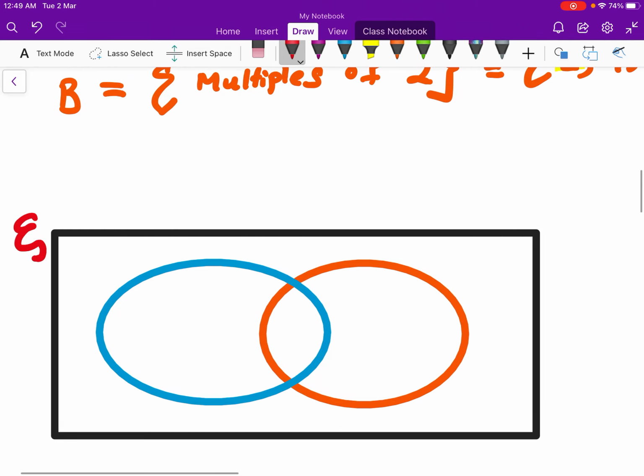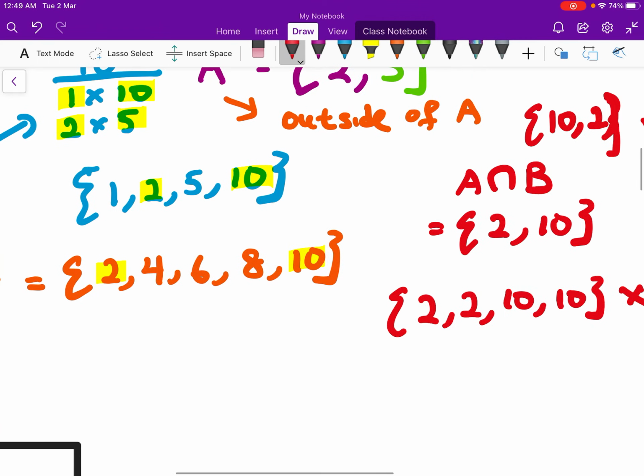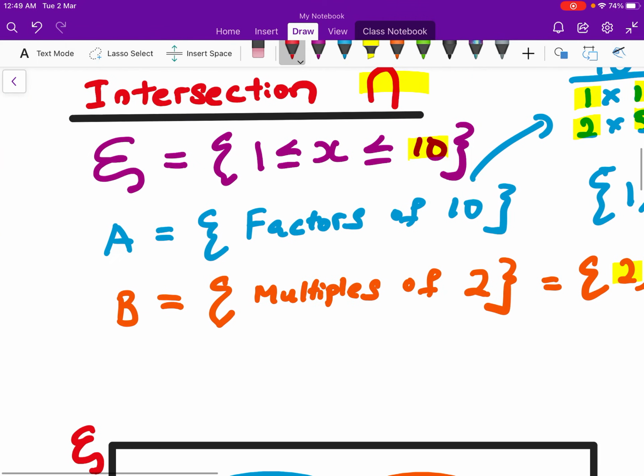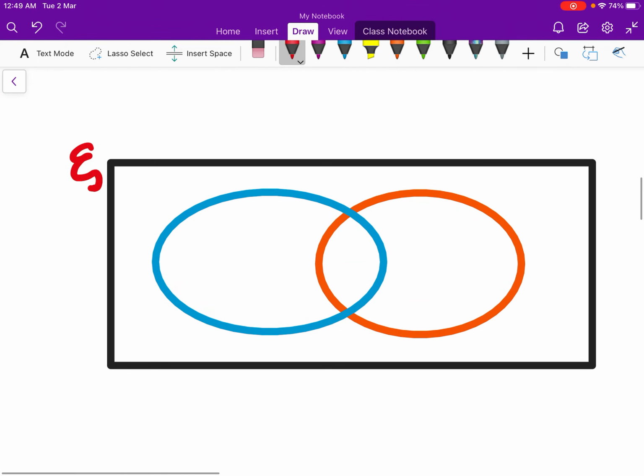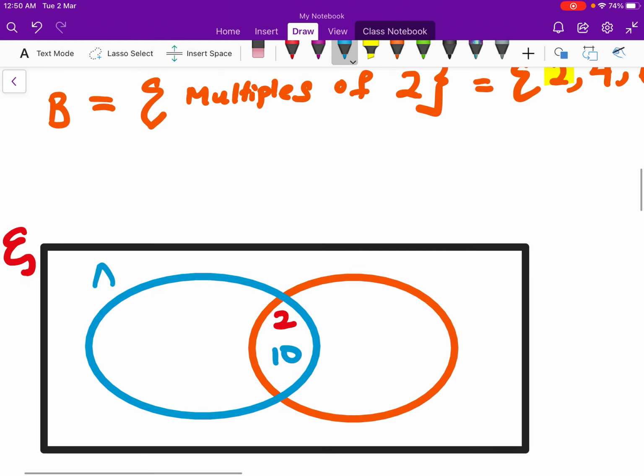The common things between A and B are 2 and 10, so I must put the element 2 here, and 10 here, because the orange circle and the blue circle overlap. That is the intersection.